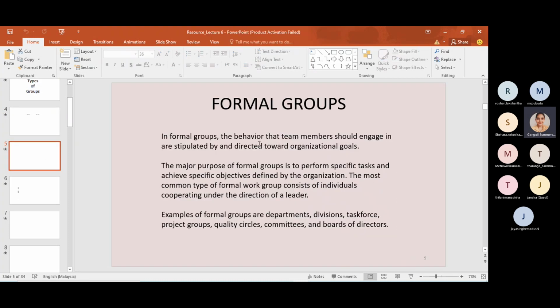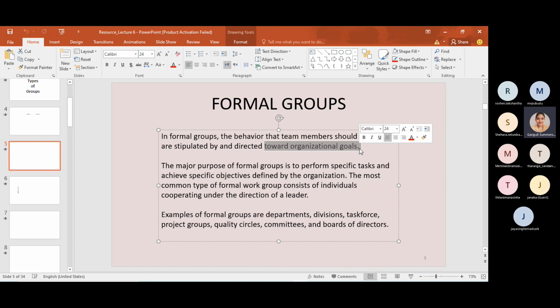Now we can talk a little more in detail about formal and informal groups. As I mentioned just now, in formal groups you are working towards organizational goals. The major purpose of a formal group is to perform specific tasks and achieve specific objectives defined by the organization.